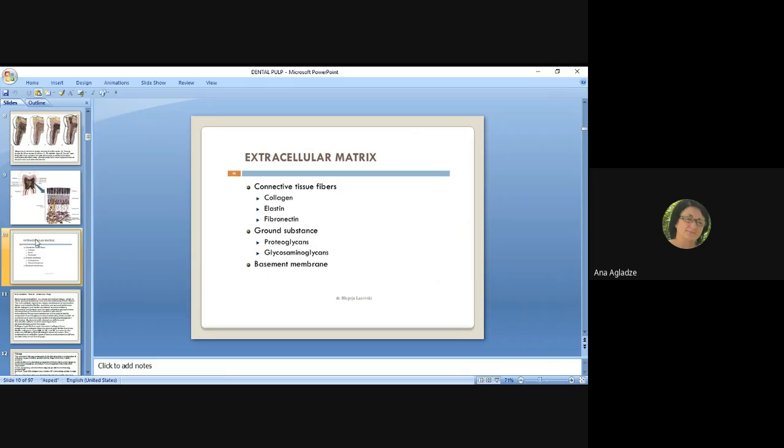The proportion of type 1 collagen in dried pulp is 25% in premolars and 30% in molars. The pulp tissue of the anterior teeth contains even more collagen fibers.